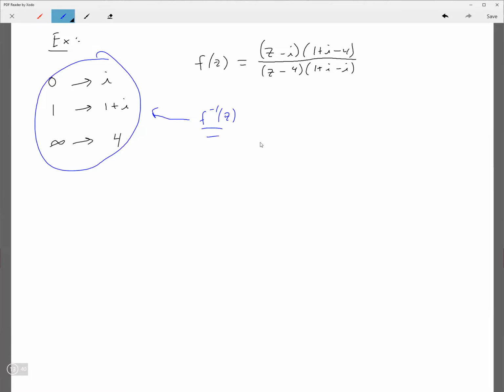So we would have to do another step and figure out how to find the inverse. Yes. Then the next step is to find any 3 points going to any 3 points, and then we use this idea to come up with 2 different functions and take the composition. But we'll talk about that next time.